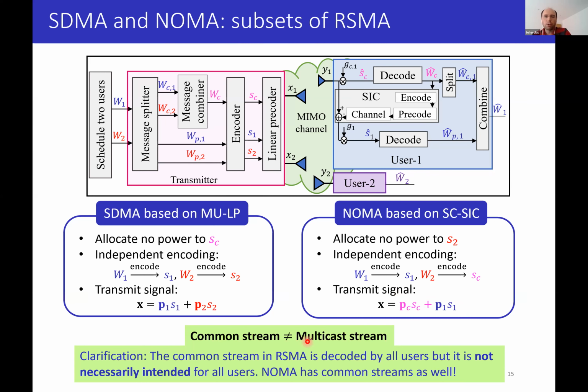So a common stream is not the same as a multicast stream, in the sense that a multicast stream is generally intended for multiple users, but a common stream is intended for a subset of the users, but has to be decoded by all for interference management purposes.